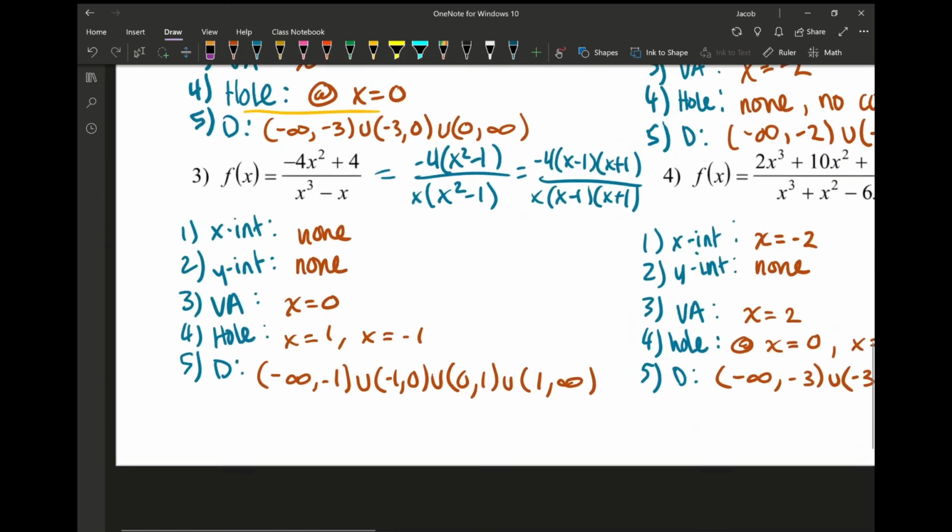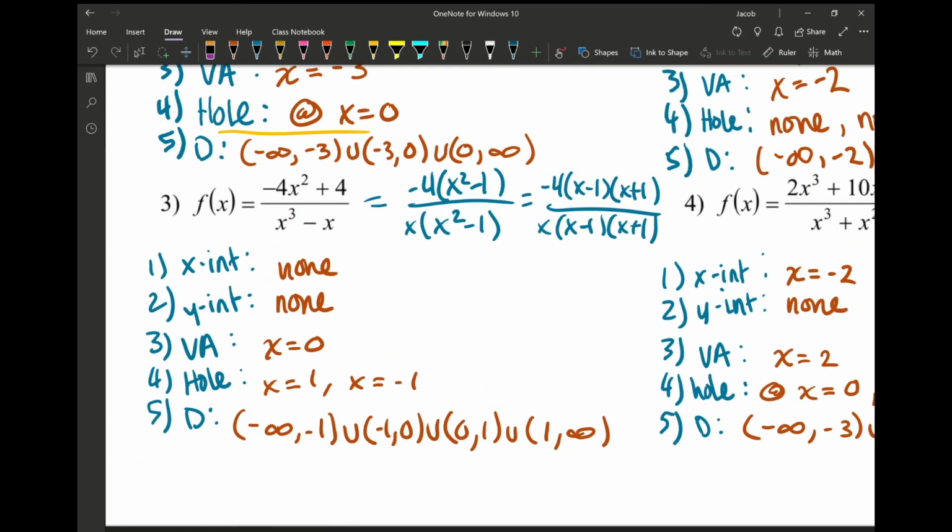And with 3, I factored that. Our x-intercept, you'll notice, is not there. Even though we've set the numerator equal to 0, we have the same situation as number 1. The holes are at the same factors that produce zeros in the numerator. So we don't have any x-intercepts.